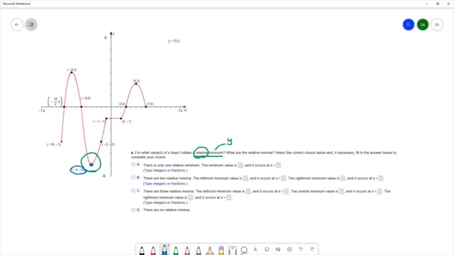And so we're going to say that -5 is the minimum, and it occurs at the x value of -4. That's the only dip in this graph, and so this is the only relative minimum. The minimum value is -5, and it occurs at x equals -4.